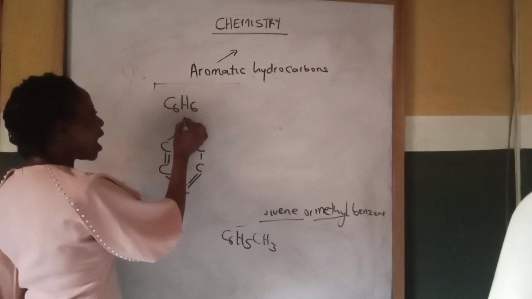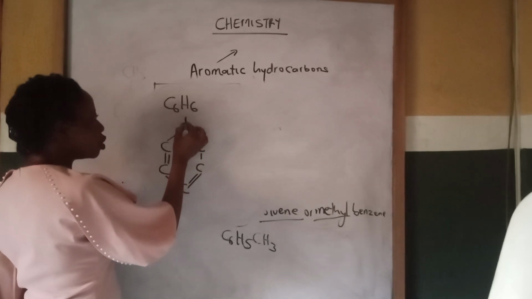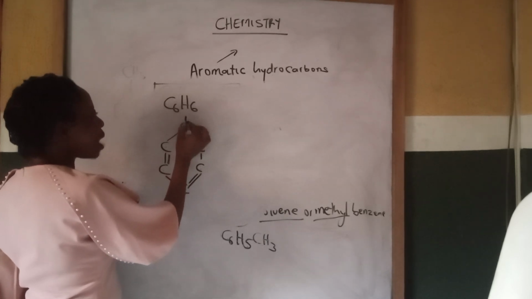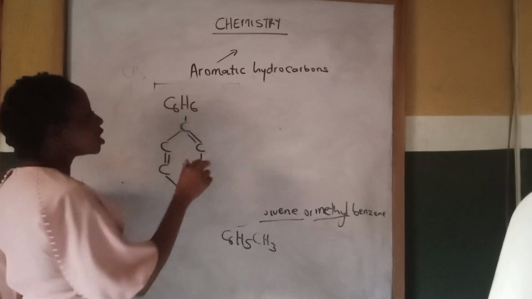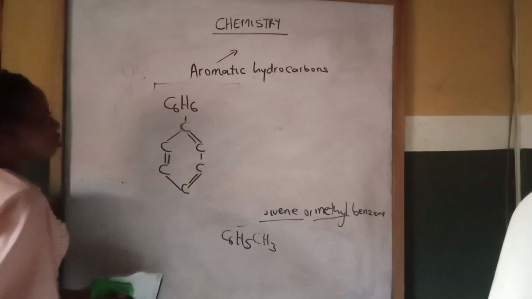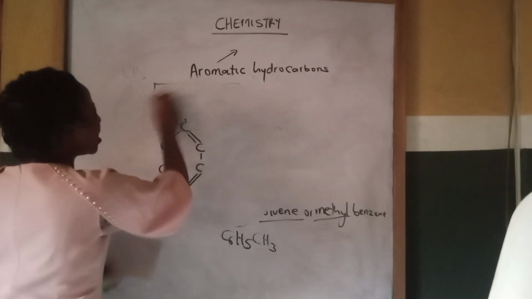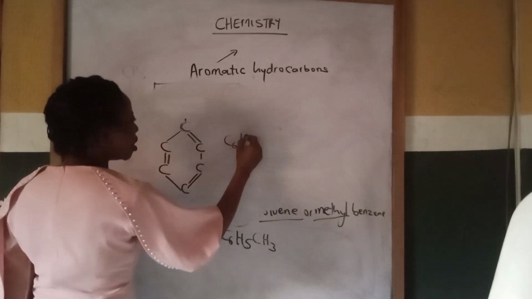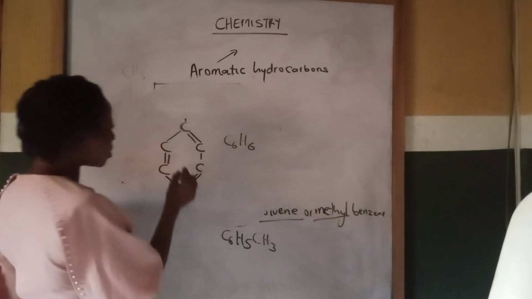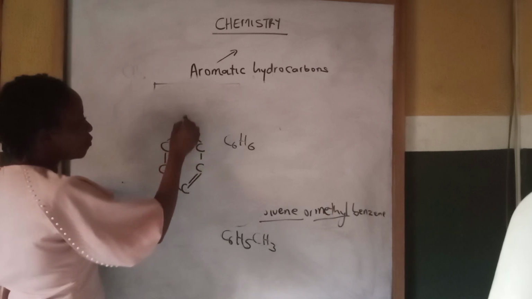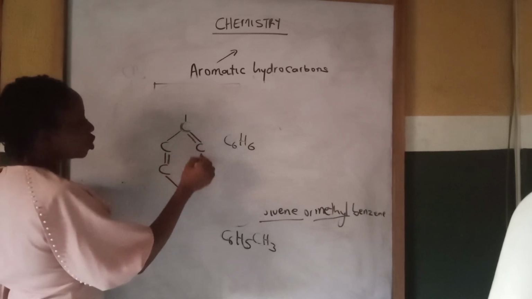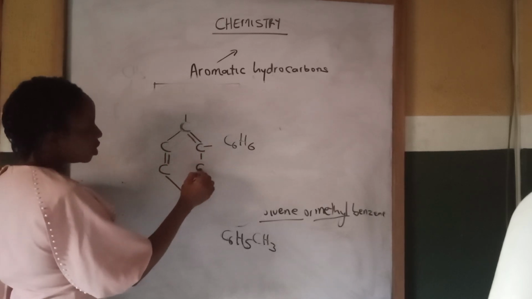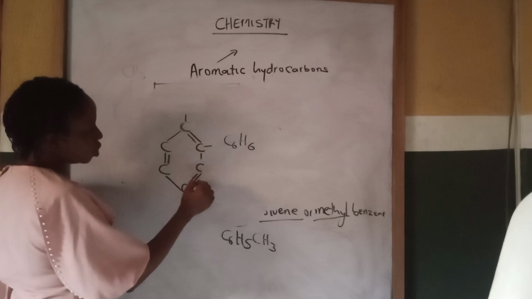So add one bond to complete what? 4 chemical bonds that must surround each carbon atom. Don't forget, in organic chemistry, each carbon atom must be surrounded with 4 chemical bonds. Now, 1, 2, 3, 4 to complete it. The next one, 1, 2, 3, 4.